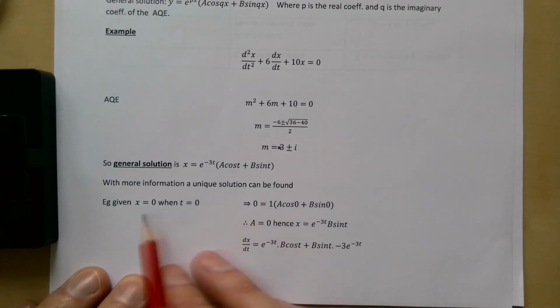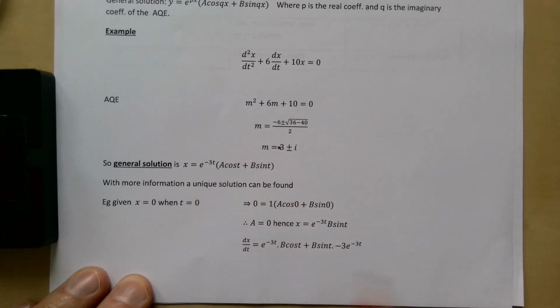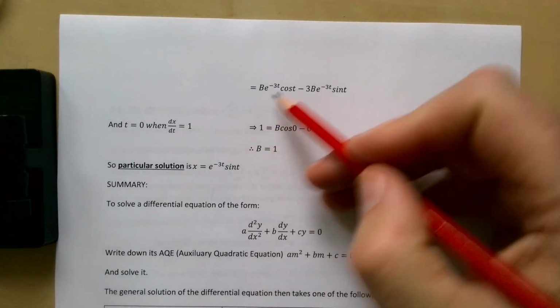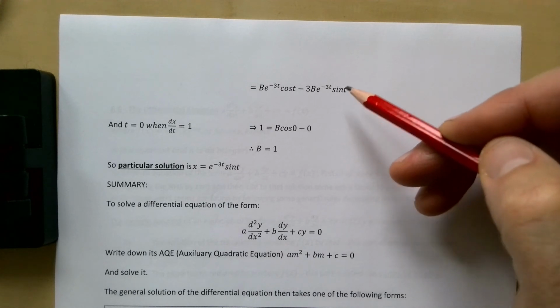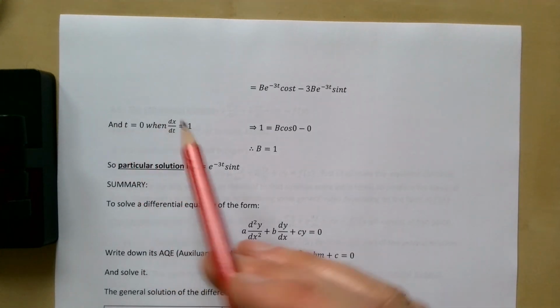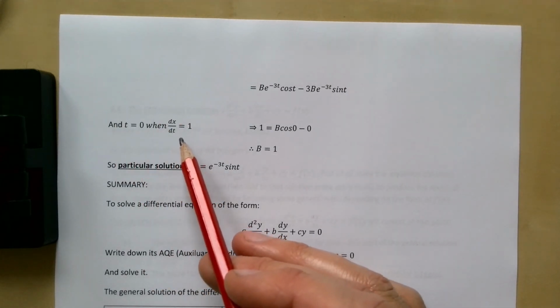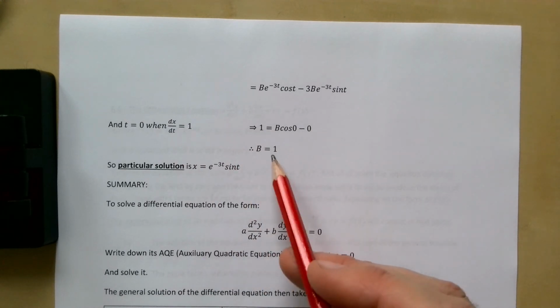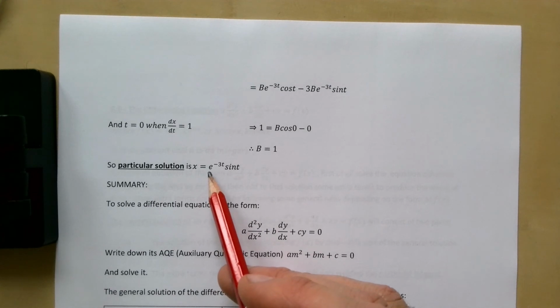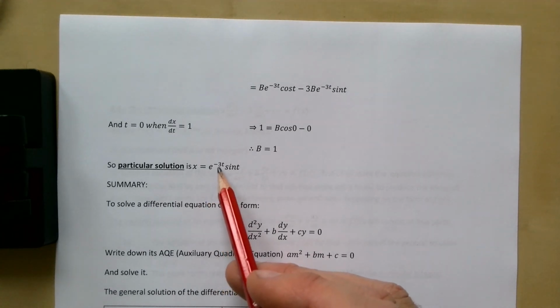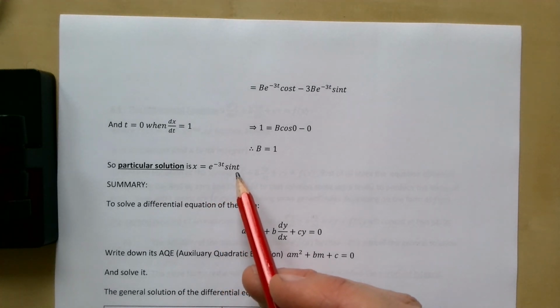If you differentiate this, you end up with dx by dt equals b e to the minus 3t cos t minus 3b e to the minus 3t sin t. And when t equals 0, dx by dt equals 1 is the information we are given. We find then that b equals 1. So the particular solution is x equals e to the minus 3t sin t.